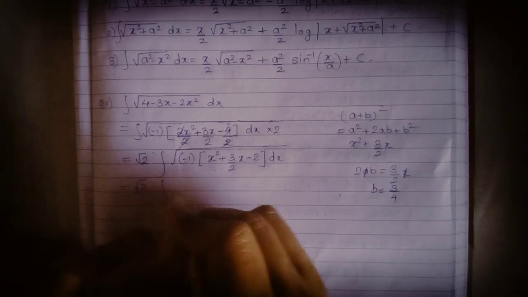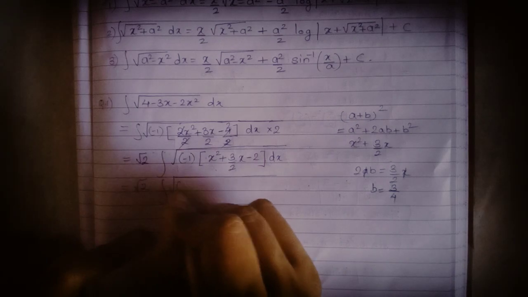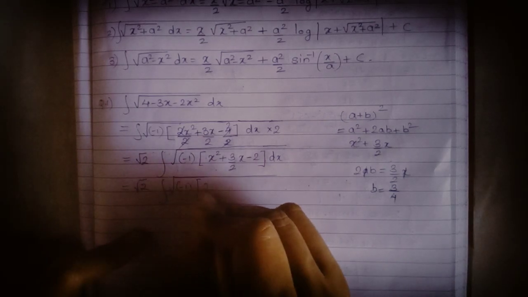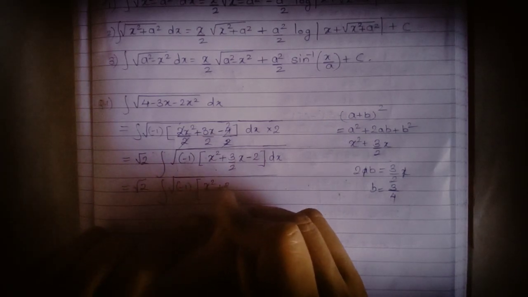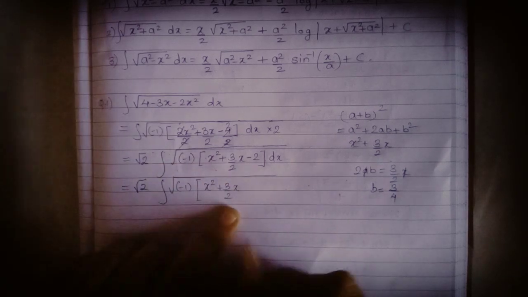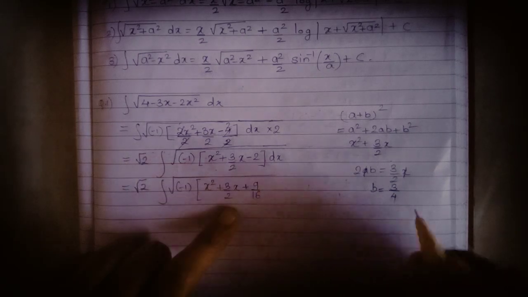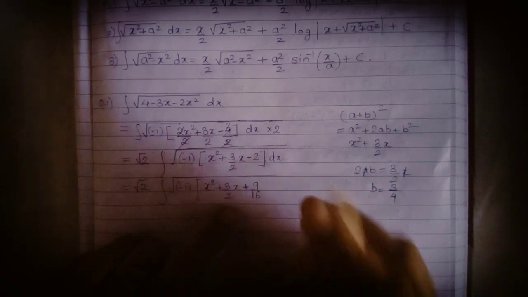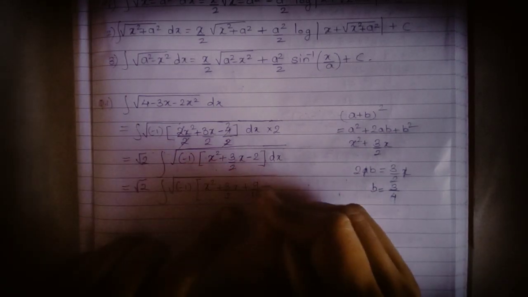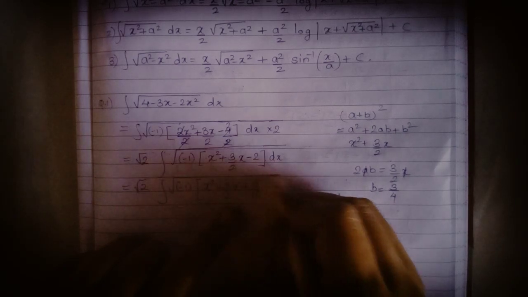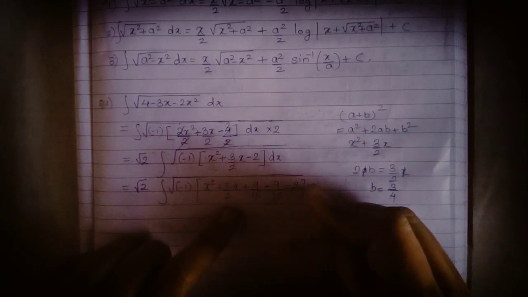So root 2 integral of root of minus 1 times (x square plus 3 by 2x plus 9 by 16, that is b square we have to write, we have to add and subtract, minus 9 by 16 minus 2) dx.